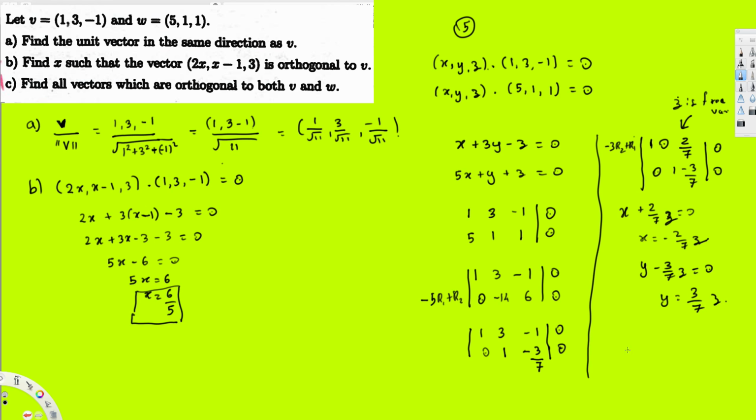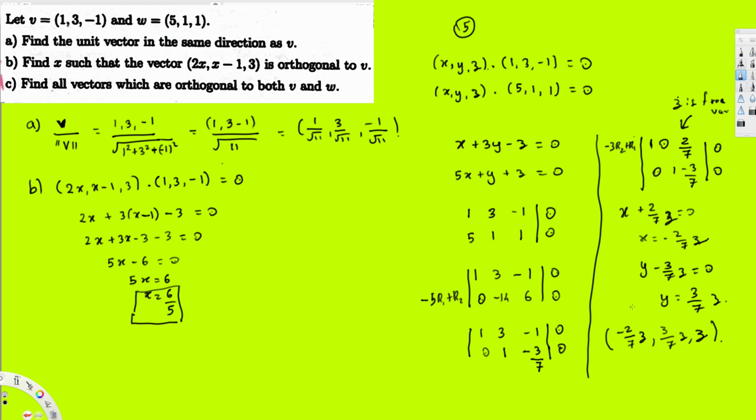Therefore I can now write the final answer. This is going to be -2 over 7 z, the second one is going to be 3 over 7 z, and the last one is the free variable, so it's going to be z itself. What this means is that whatever value you plug in, for example 1, 2, 3 or any number, that's going to be orthogonal to both vectors.